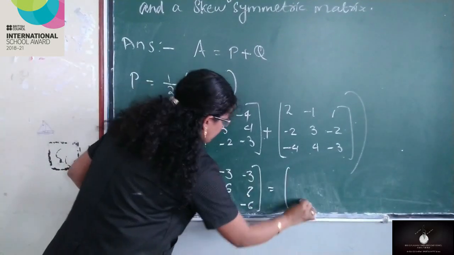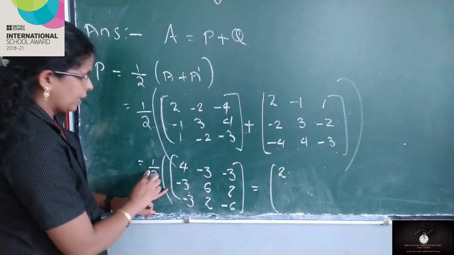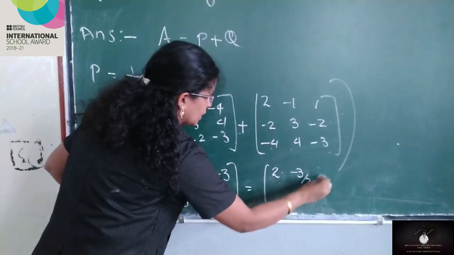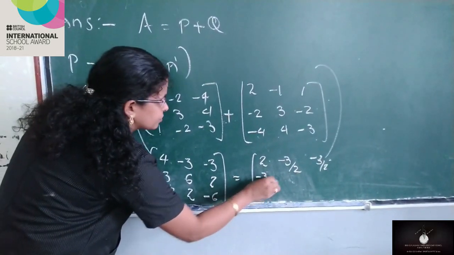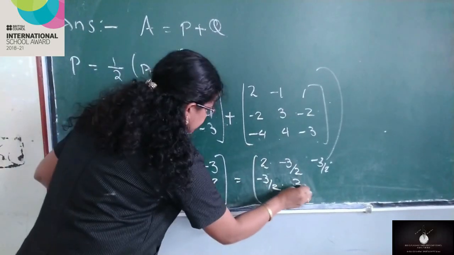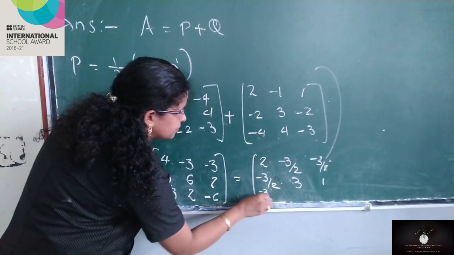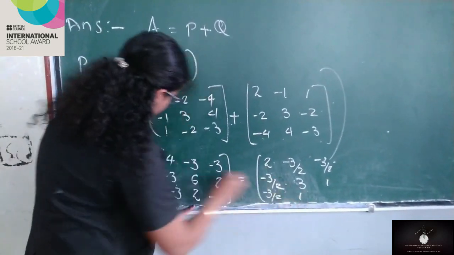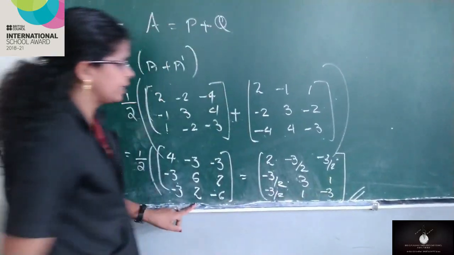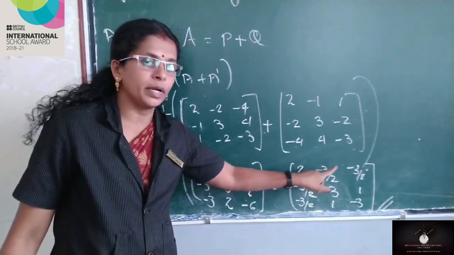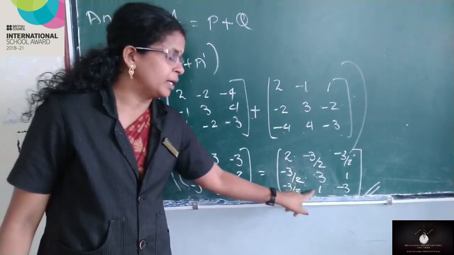So 1 by 2 of this matrix means 4 by 2, 2, minus 3 by 2, minus 3 by 2, 6 by 2, 3, 2 by 2, 1, then minus 3 by 2, 2 by 2, 1, minus 6 by 2, minus 3. So we got P is equal to the matrix 2, minus 3 by 2, minus 3 by 2, minus 3 by 2, 3, 1, minus 3 by 2, 1, minus 3.